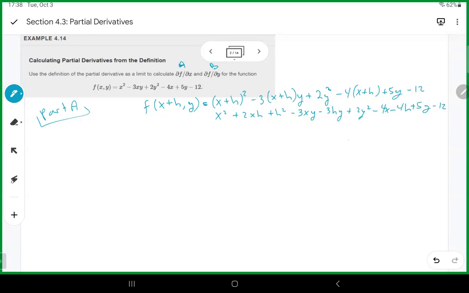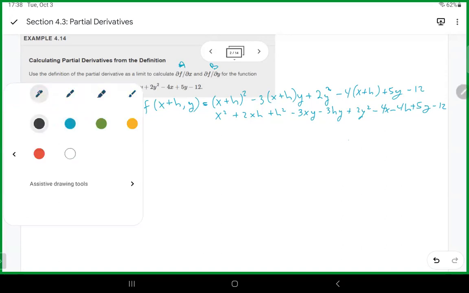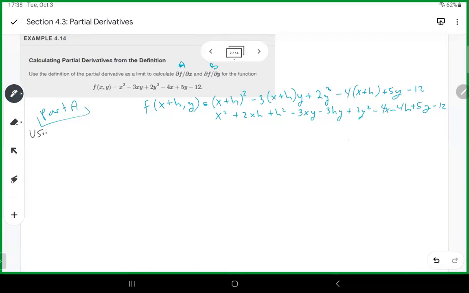Okay, so the next thing we want to do is substitute everything into equation 4.12 and then simplify. So the limit as h approaches 0. And I will write it out this time.